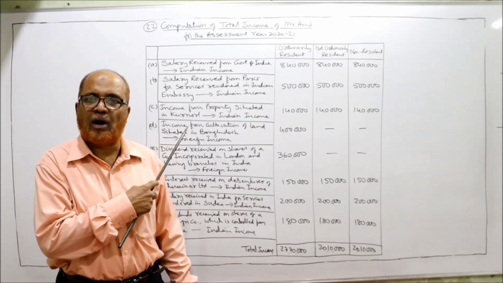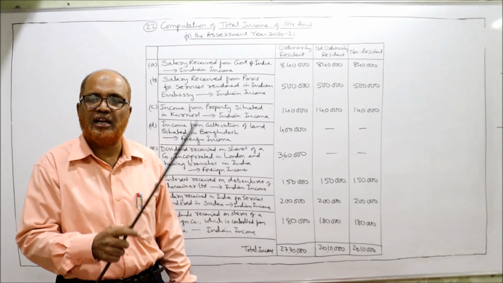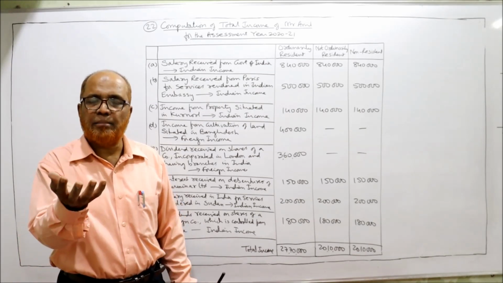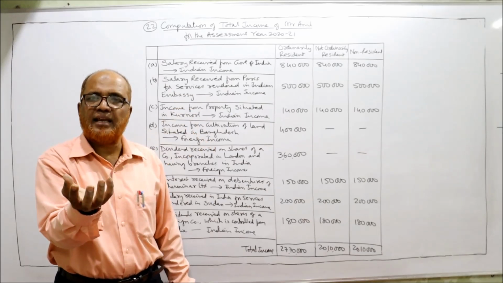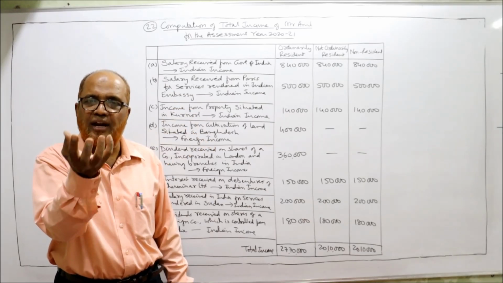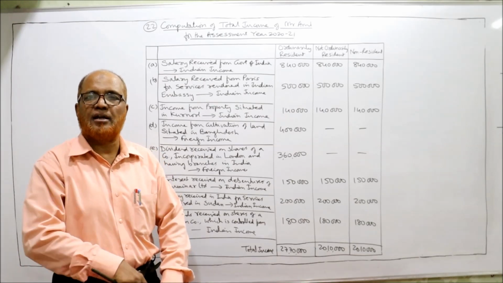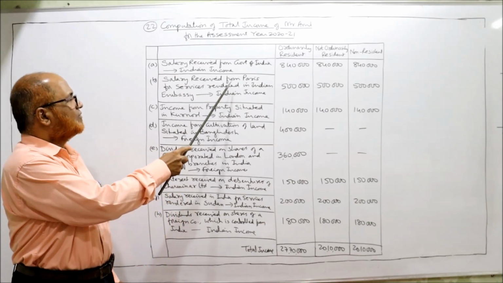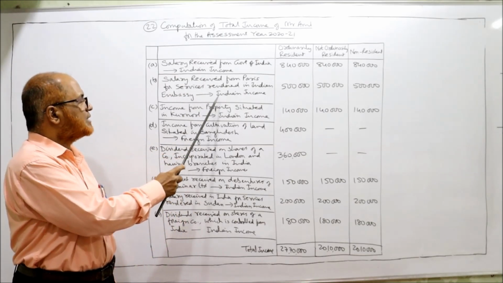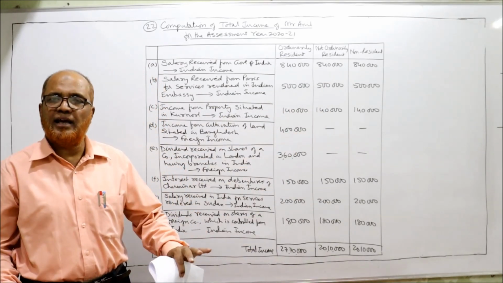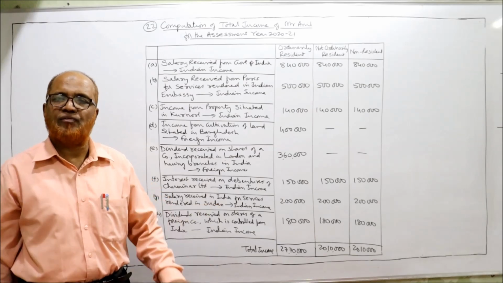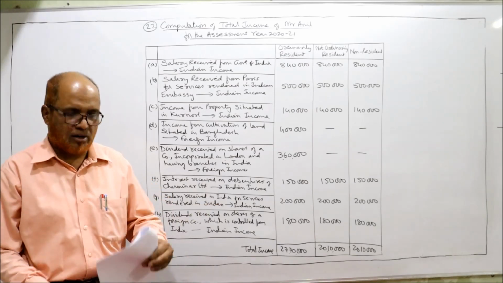Even if it is received outside India, it's an Indian income, because the salary is paid by the Indian government. So salary is generated, income is generated from India. So it is an Indian income. Salary received from Paris for services rendered in Indian embassy is an Indian income, so taxable in all the cases. It will be taxable in the hands of every assessee, ordinary, not ordinary, non-resident.